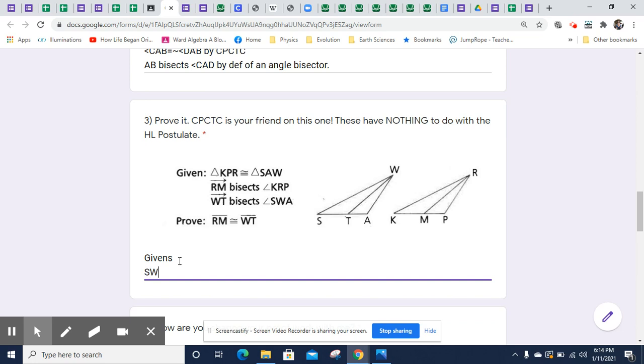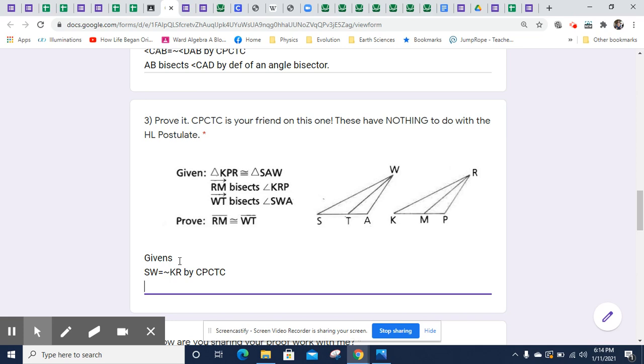So SW is congruent to KR by CPCTC. Corresponding parts of congruent triangles are congruent. We can say that angle S is congruent to angle K by CPCTC.